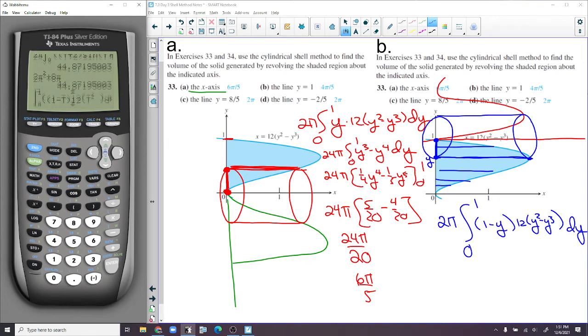T squared minus t to the third. What do I need? I need 2/5. 0.4, right? Math, 2/5. Then I multiply it times 2 pi, that's 4 pi over 5. We got it. We good?